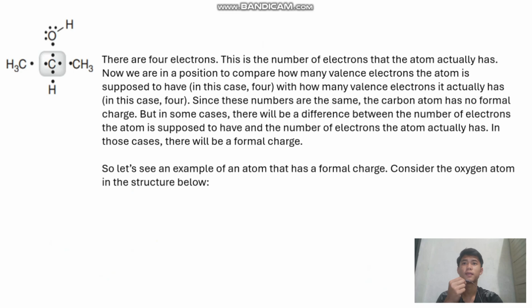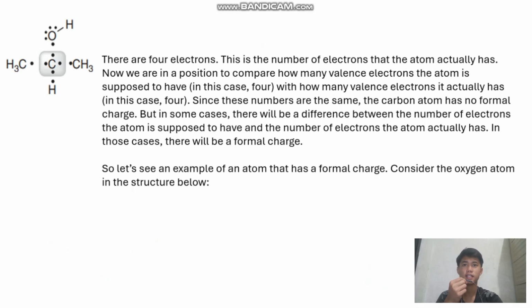Now, we are in position to compare how many valence electrons the atom is supposed to have, so in this case 4, with how many valence electrons it actually has. Since these numbers are the same, the carbon atom has no formal charge.